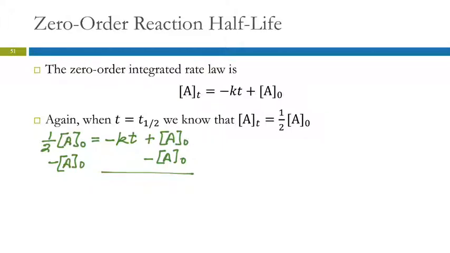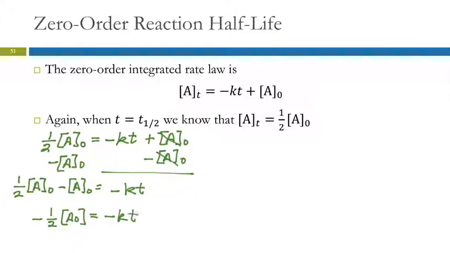So on this side, A0 minus A0, that goes away, which is why I did it. So on this side, I have negative KT. Over here, I have 1/2 A0 minus A0. So that's going to be negative 1/2 A0. So that equals negative KT.